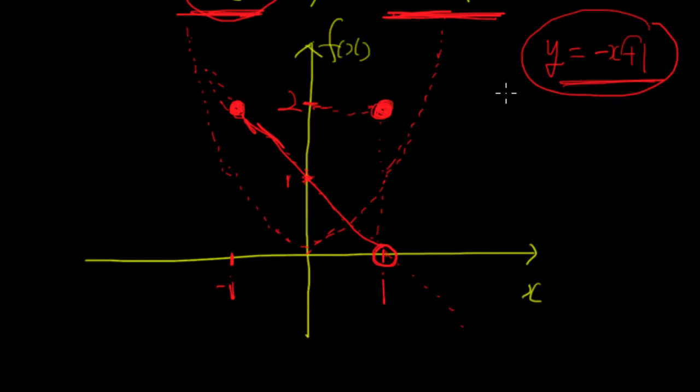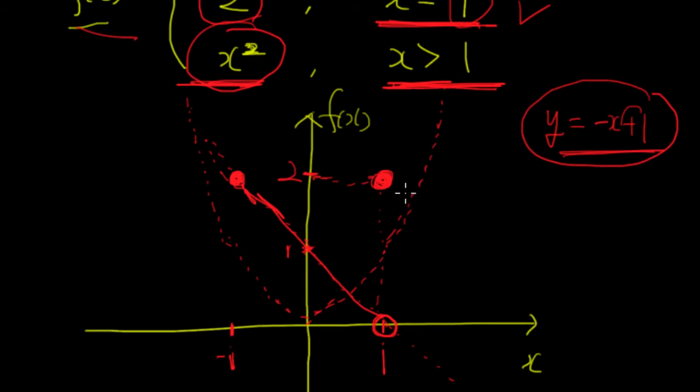But we are only going to use this part of the curve, between x being greater than 1. Right at the point 1, we're going to have a point, but an open circle. Then along with the curve, we have our graph.